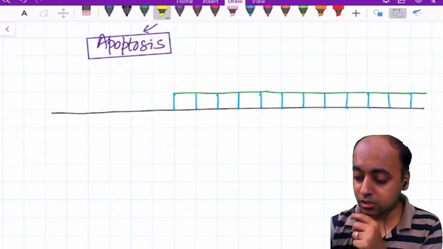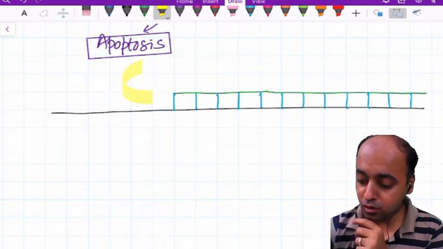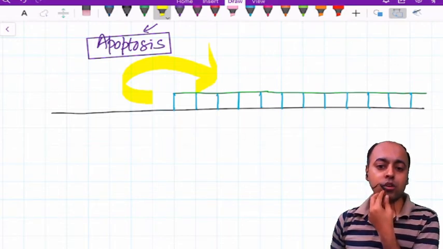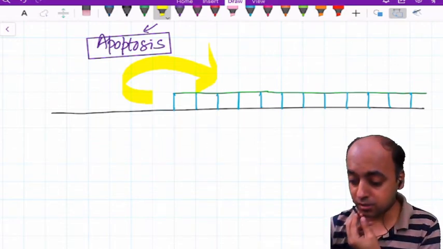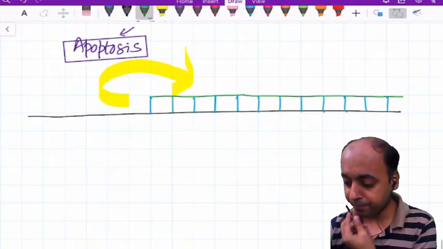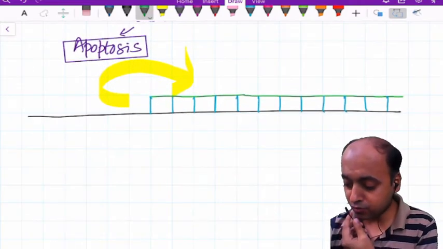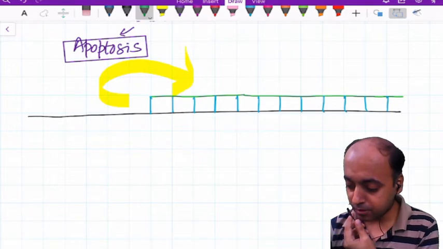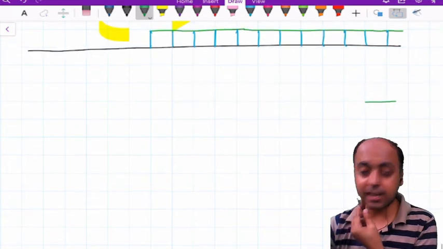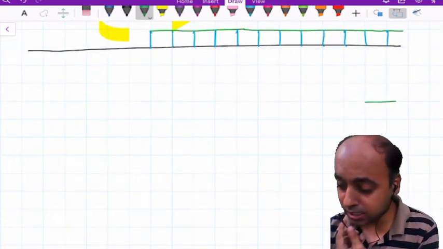So what happens? The structure that you see here folds upon itself. The result is something else. Because of the folding, there is strain at the back end and there is denaturation.